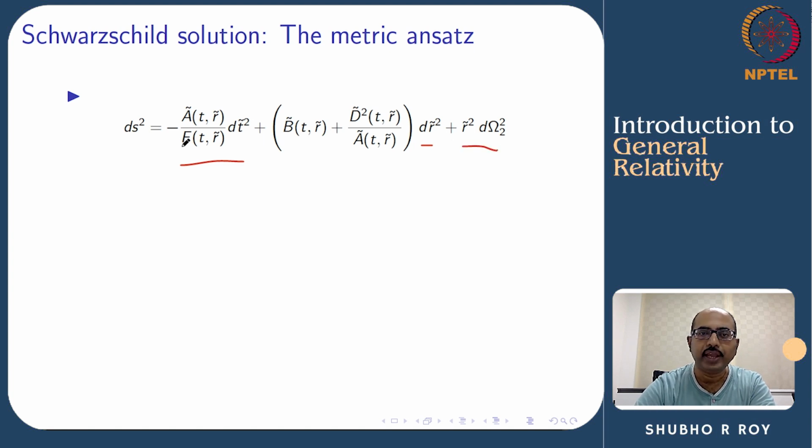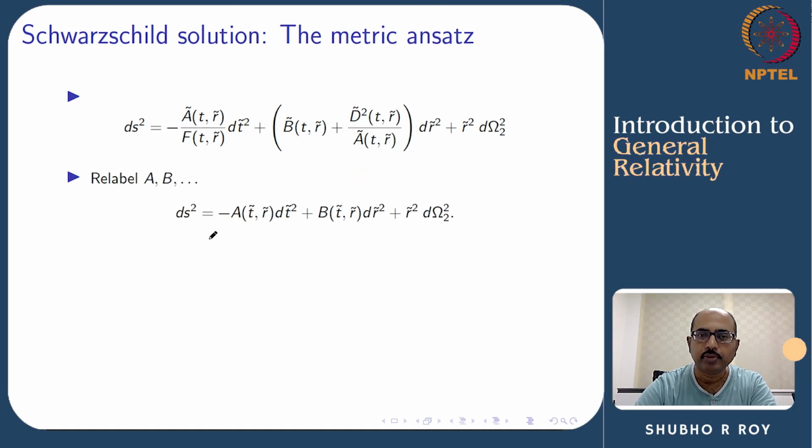And then of course A tilde, F, B tilde, D, these are all undetermined anyway. So I'm going to call this whole thing something and this ratio something and simplify the form. We will relabel A and B, and call this ratio A and this whole thing B. It doesn't make a difference because we haven't really solved anything, just the form of an undetermined function.